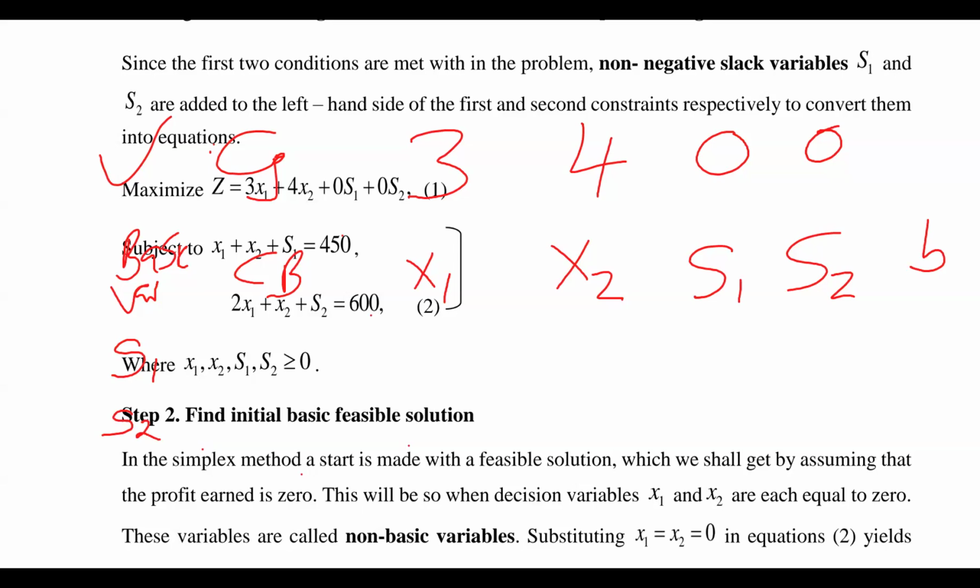When you look at the maximization problem, what is the coefficient for S1? It's 0, right? And also for S2, it's 0. You're following, right? Yes, sir.